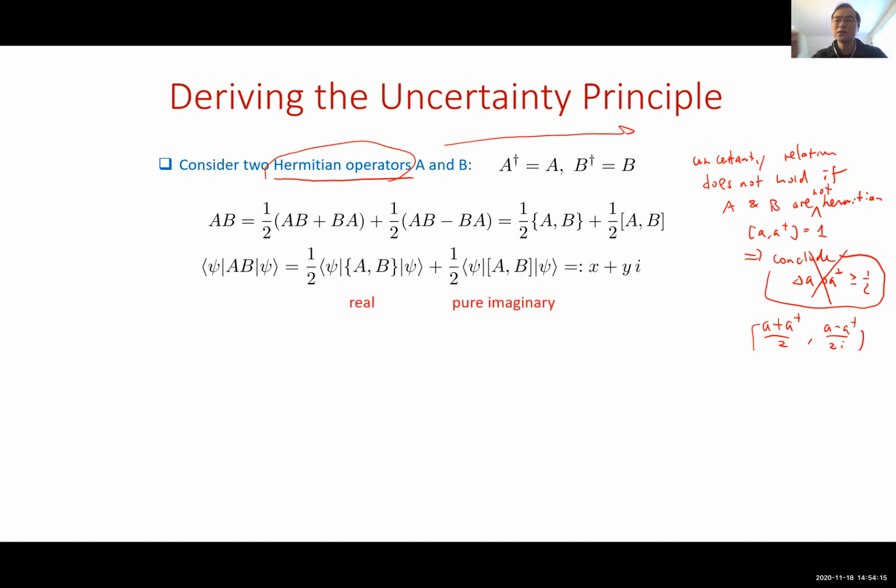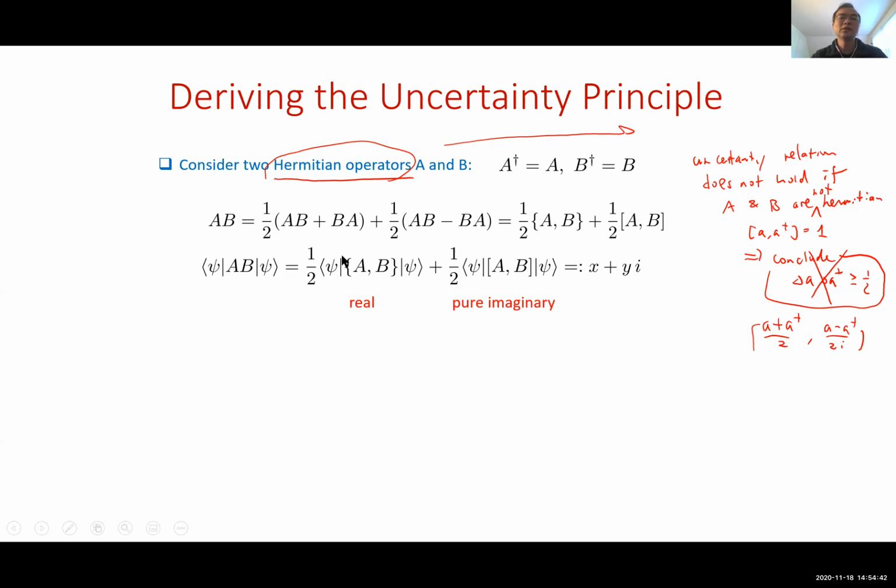Okay, but we can see that from the derivation. We can write A times B in terms of the anti-commutator and commutator. This is just a simple identity. I write this as the anti-commutator of A and B plus the commutator of A and B. Why do I want to write this?